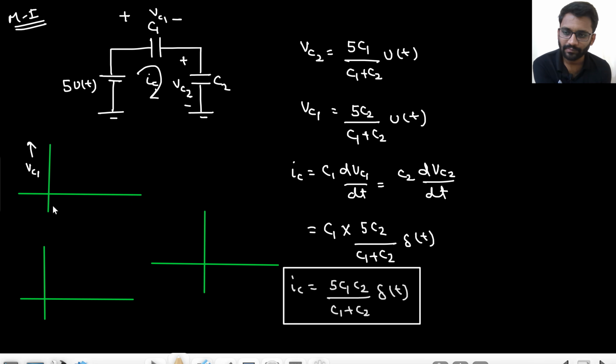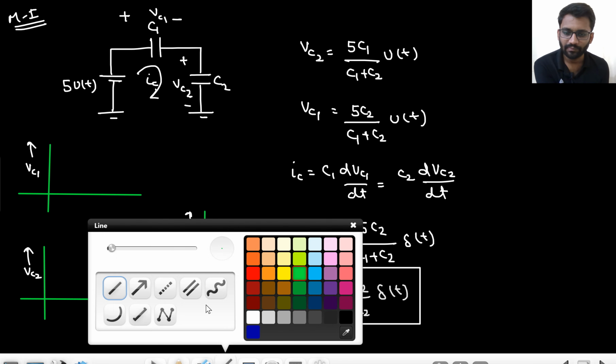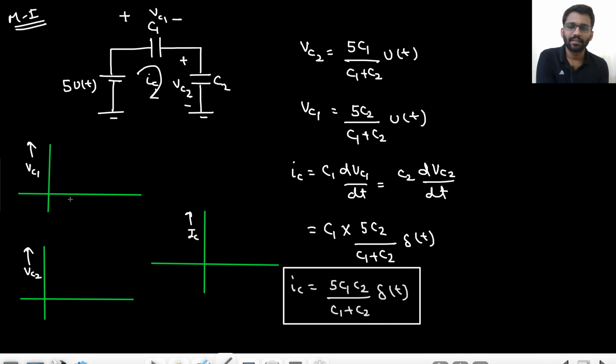This is VC1, this is VC2, this is IC. What is VC1? Initially it is 0, then it went up, went like this, right? So this value is 5C2 upon C1 plus C2.